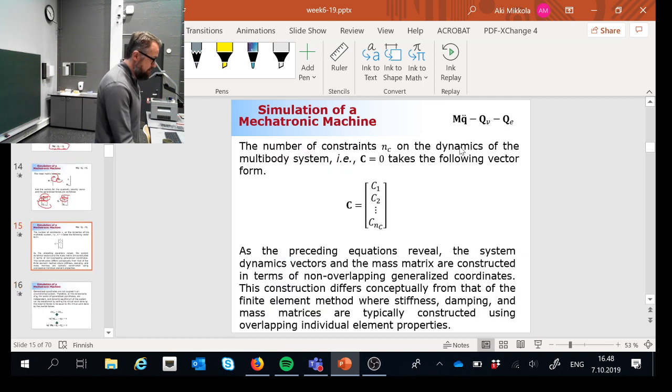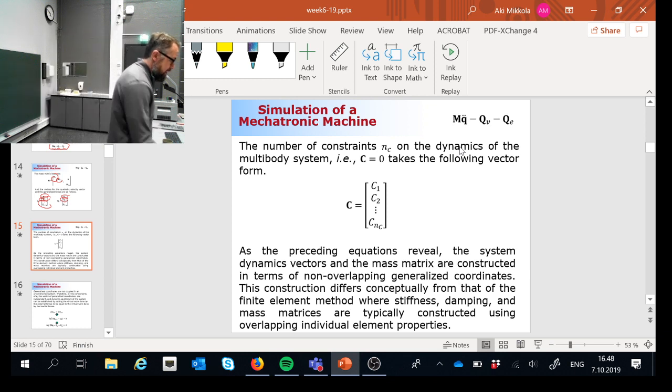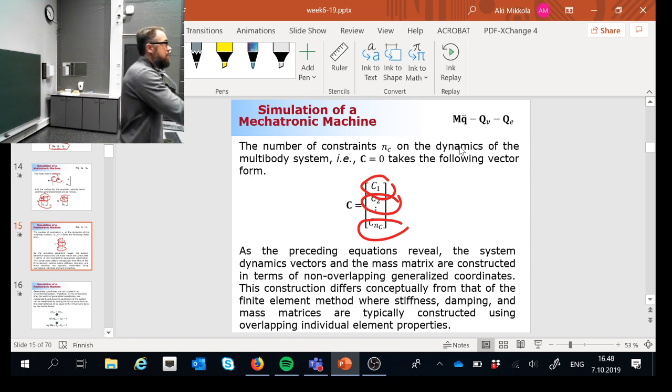Now, you got the assembly procedure and the constraints. That too will be assembled like it is shown here. So, no overlapping. These are the constraints associated with the first body, the constraint associated with the second body, and so on, until you reach the NC number, which is my final constraint. Oh, excuse me, I want to correct that.